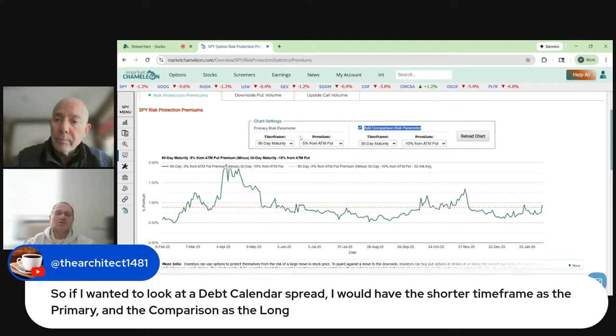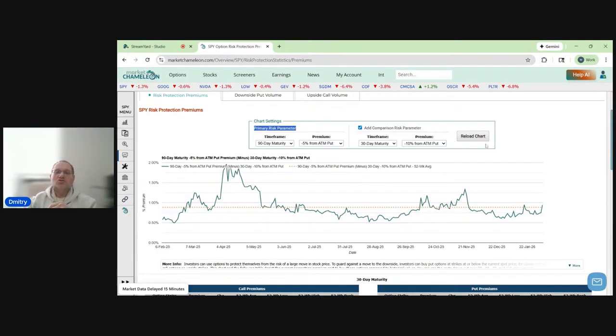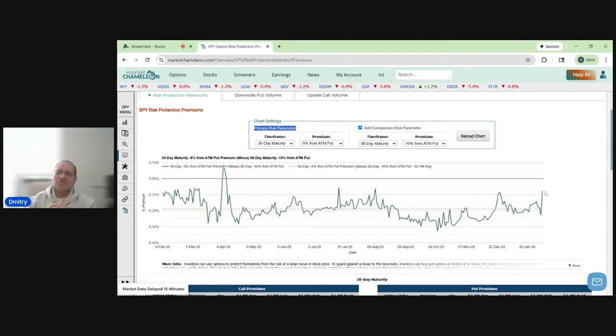So it starts as a long minus the other, so it creates a short. The way I have it here, this is a long time spread starting 90 days and that comparison 30 days. And you could see here, because this is a debit, if I reversed it, let's say I did a 30-day long and a 90-day short, now it's a credit. It's a minus 0.10 because the 90-day, the minus would be higher.